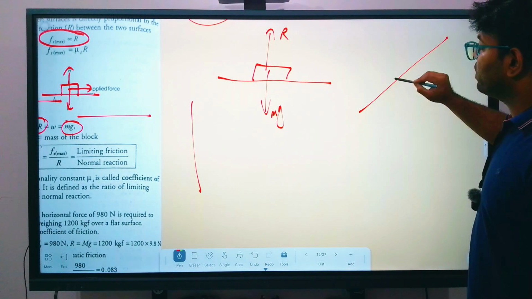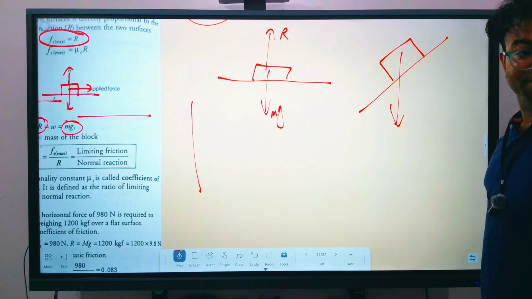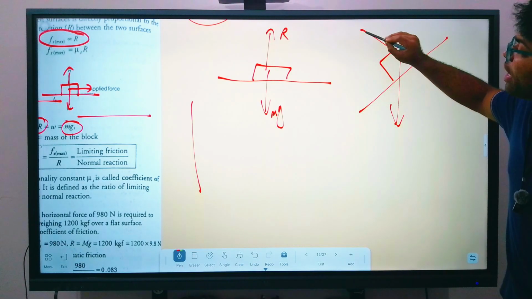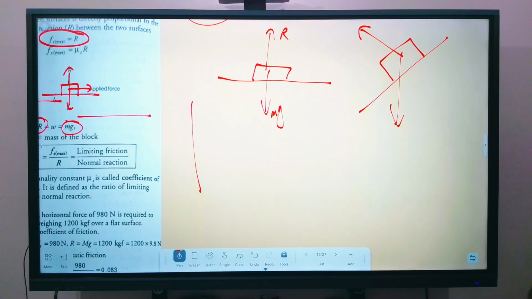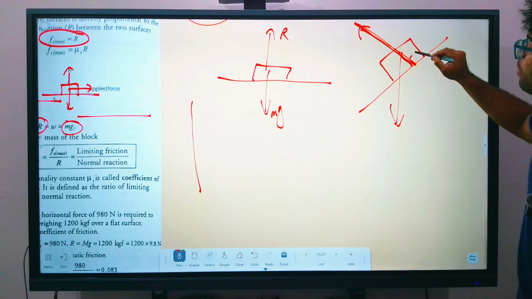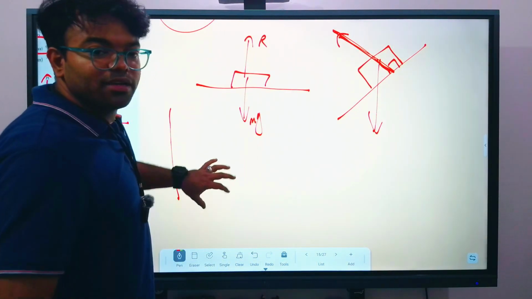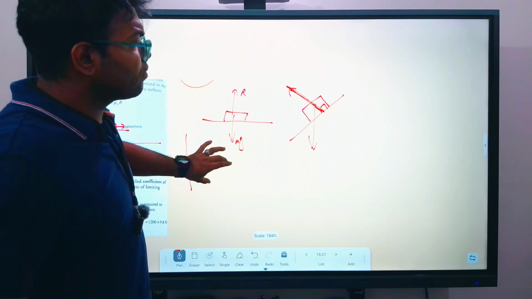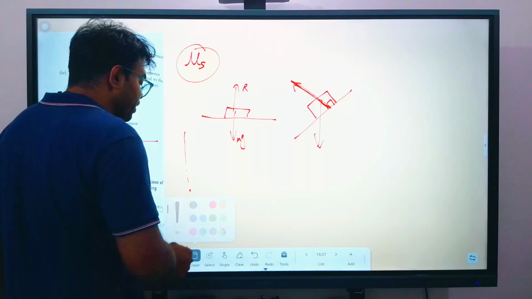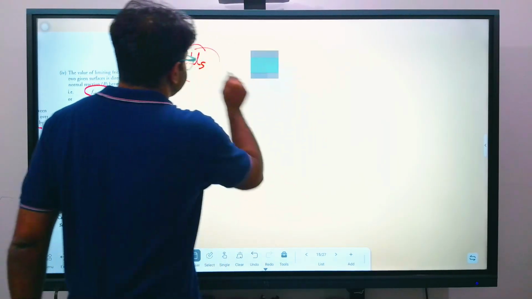But if you have a surface inclined and an object is placed like this, the weight will still be vertically downwards, but the normal reaction force will be like this. It will still be perpendicular to the surface again. Did you understand this logic? The reaction force will always be perpendicular to the surface on which the object is placed.